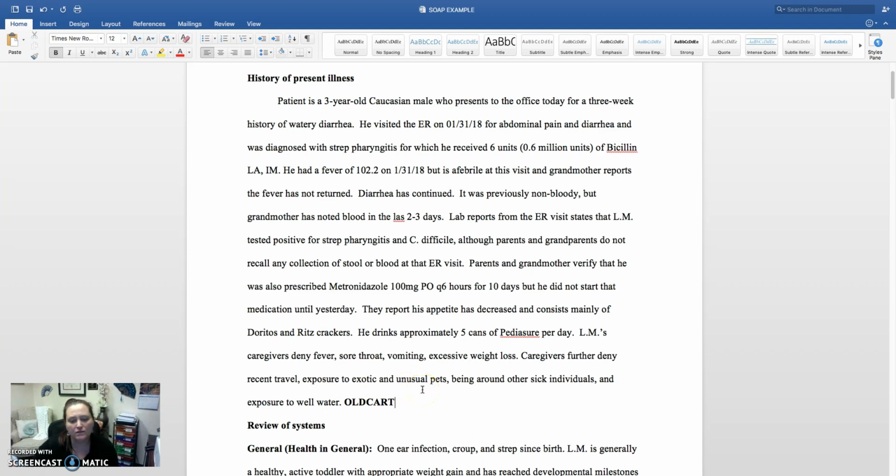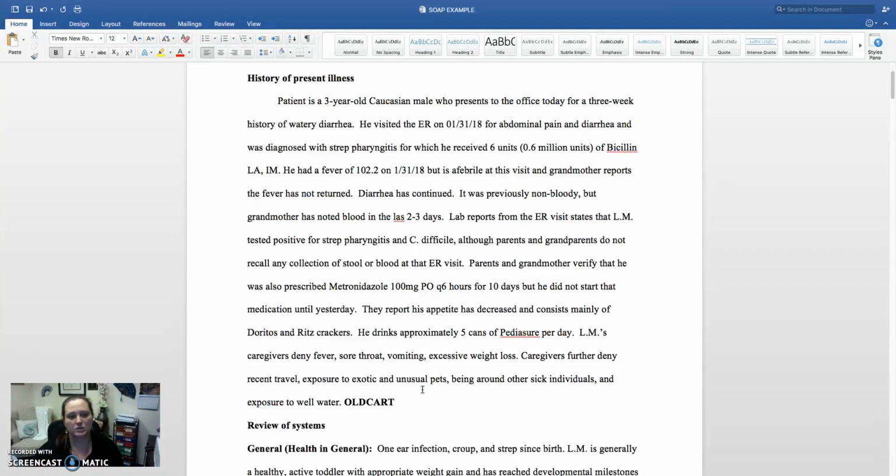If you don't include all of those, you might be missing pertinent positives and pertinent negatives needed to make your final diagnosis and differential list as well as your final plan. So make sure that you're focusing on every component of that OLDCART when you collect a history of present illness, which is part of your subjective information.